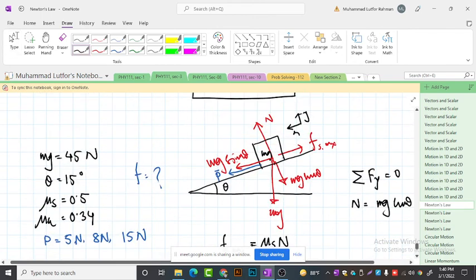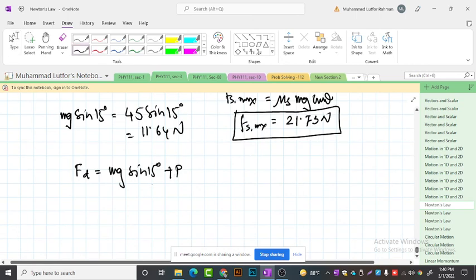These are the two forces in the downward direction, mg sine 15 and P. So mg sine 15 is 11.64 plus P is 5, which gives me 16.64 Newton, which is still less than your Fs max.